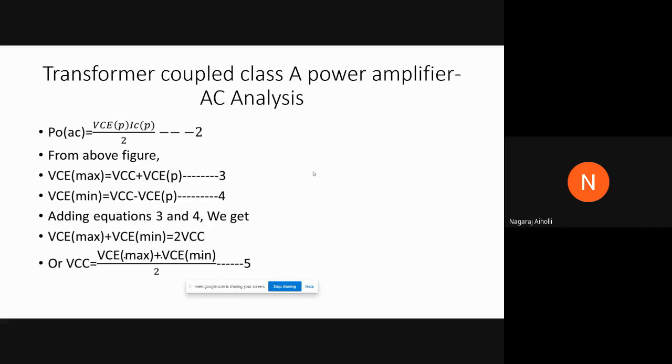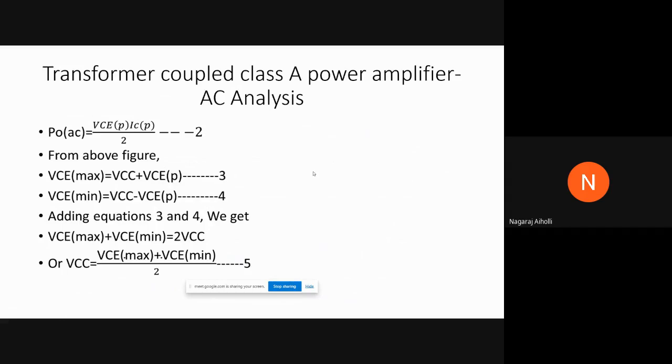Therefore, root 2 into root 2 in the denominator will become 2. Therefore, we get P naught AC is equal to VC peak into IC peak divided by 2, where VC peak is nothing but VC max. Yes or no?